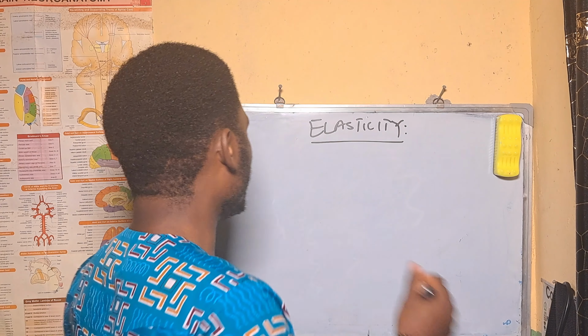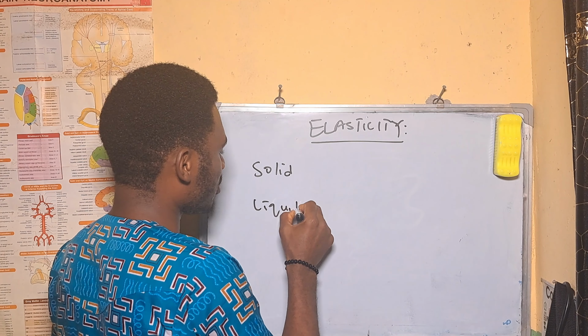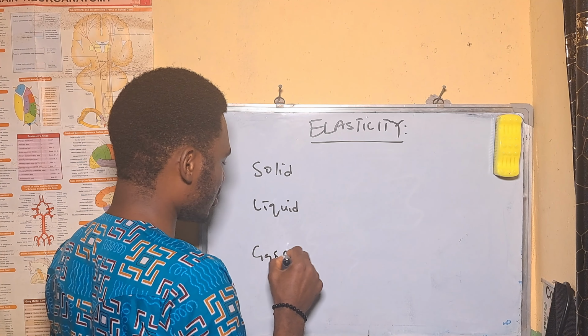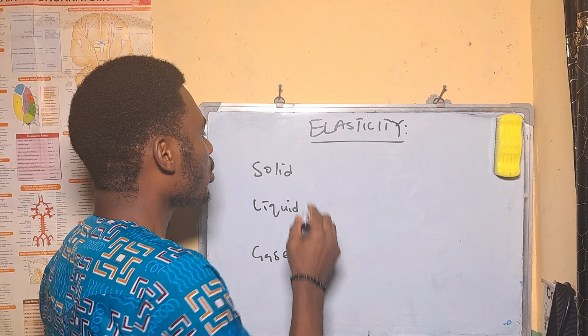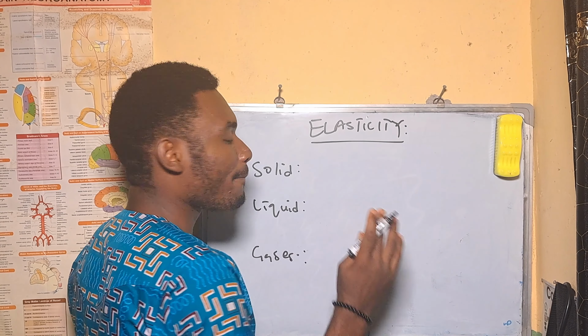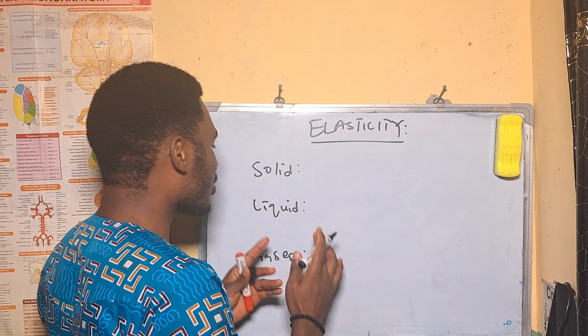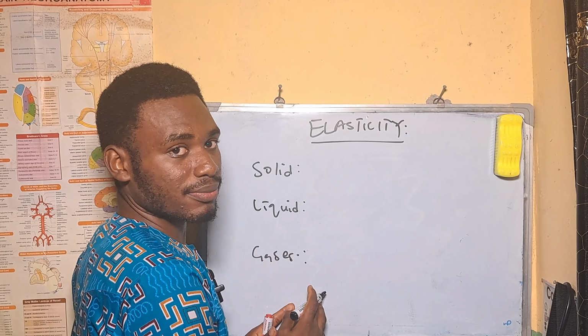Matter has three states, namely the solid, the liquid, and the gases. These are the three states of matter. The particles of solids are packed together more than those of the liquid, which are packed together more than those of the gases.